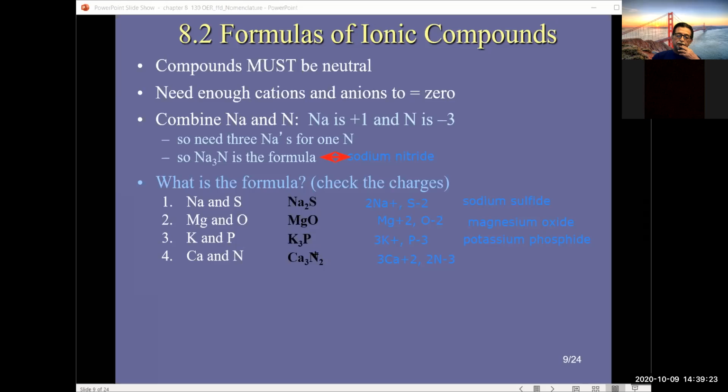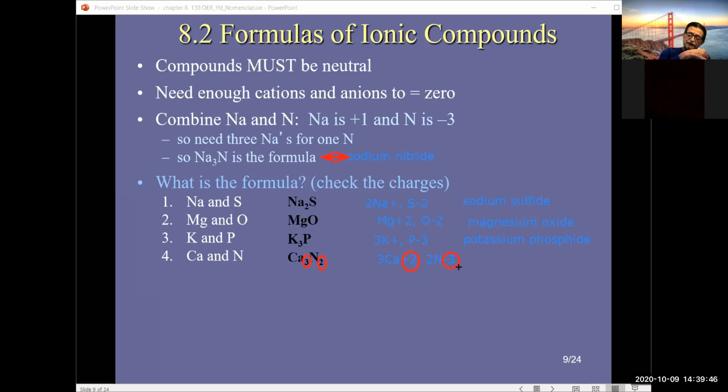Now, if we look at the subscript 2 for the nitride, wasn't that the charge for the cation, +2, right? And if we look at the subscript for the calcium, wasn't that the charge for the anion?